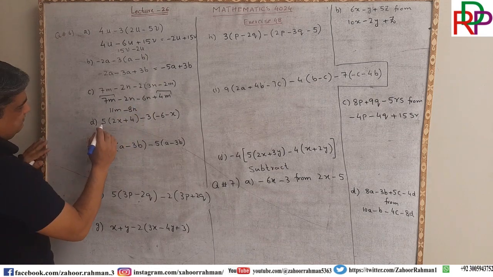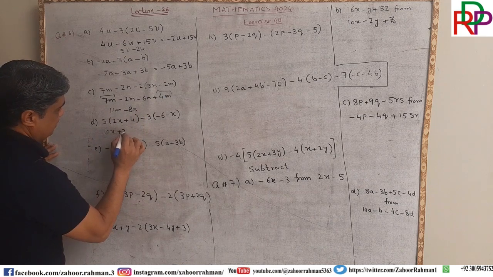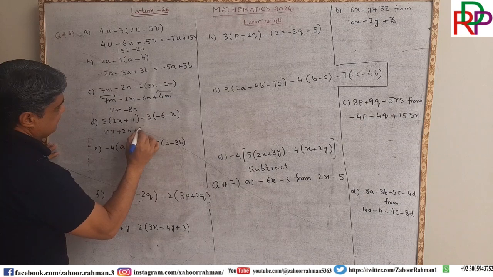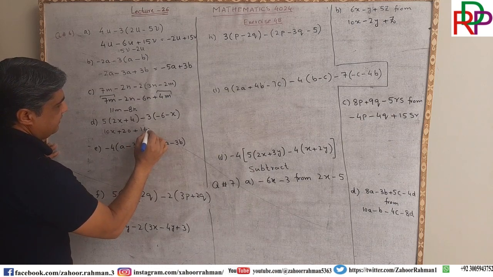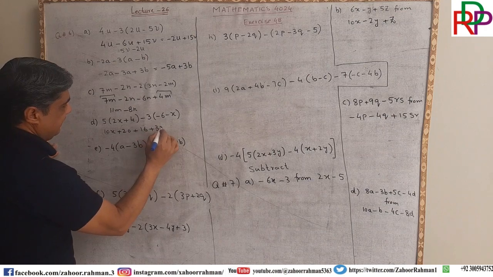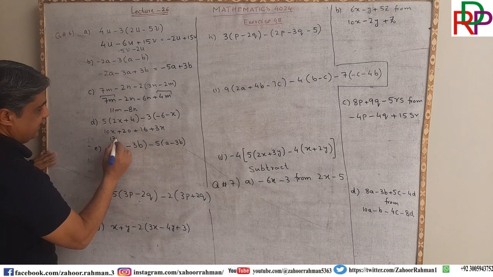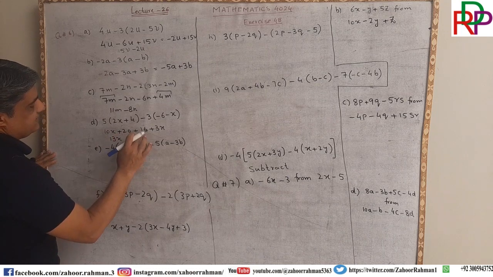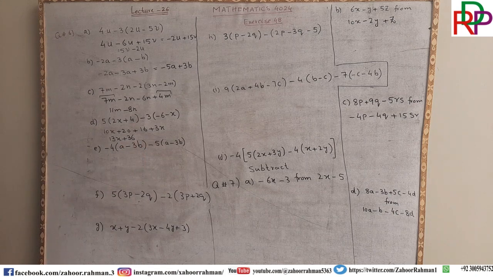Okay, first we are expanding this, so 10x plus 20 plus 16 and plus 3x. So 10x and 3x is 13x, 20 and 16 is 36, and that is the answer.